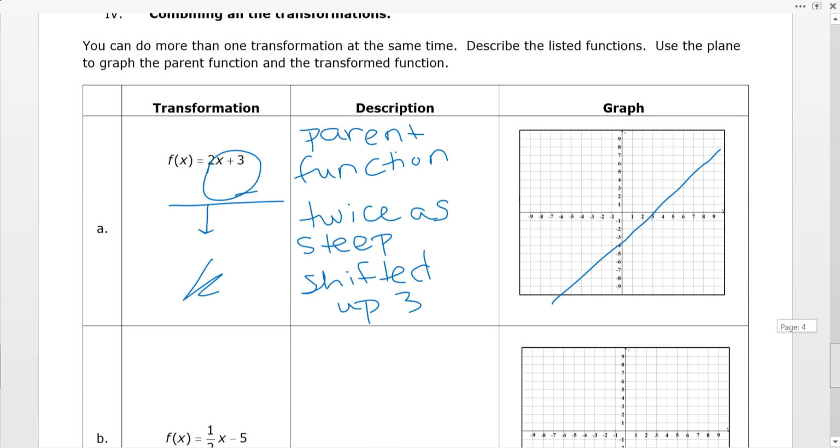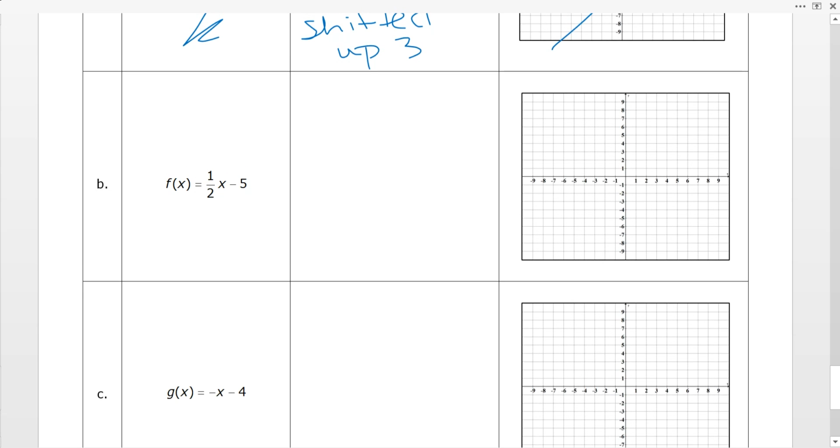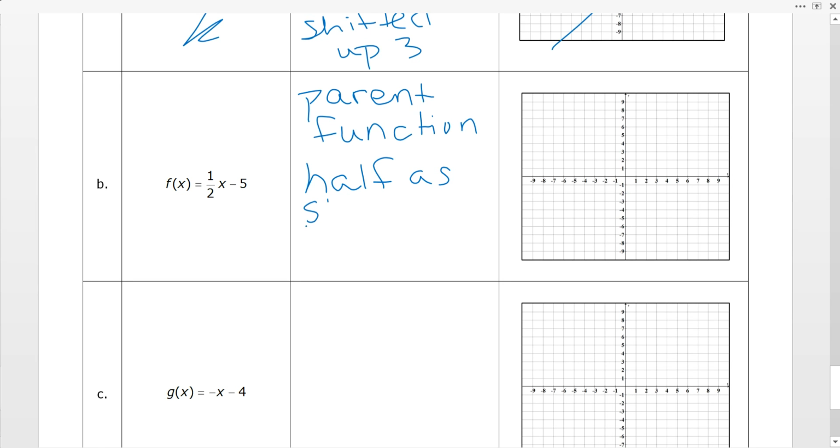Okay. The next one from the parent function, remember for these we're talking about the parent function being where we start. Okay, it's going to be half as steep. It's going to be flatter. And it's going to be shifted where? Shifted down because it's -5.